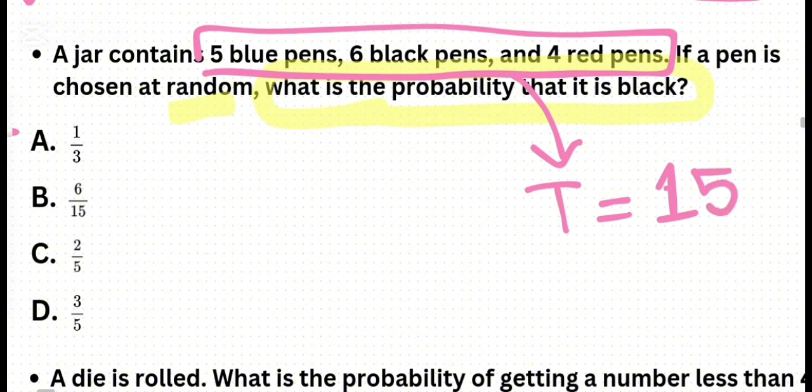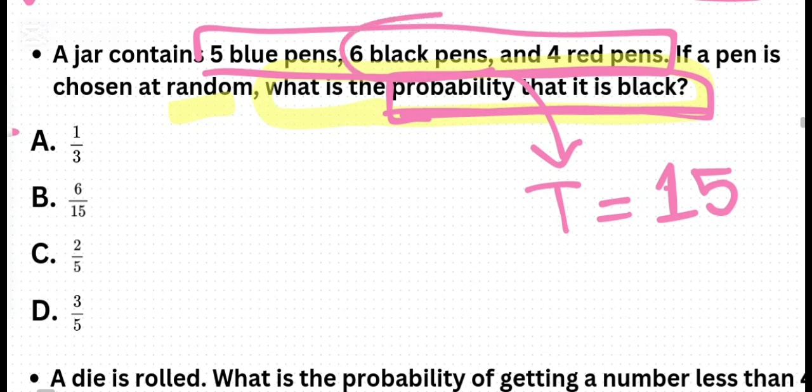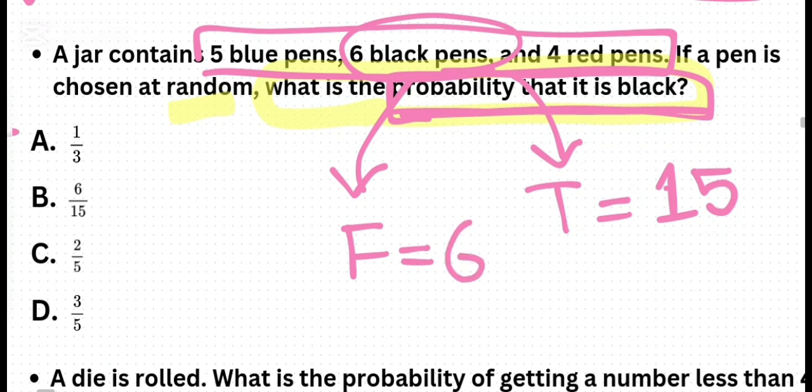They are asking the chances that it is black, right? So in the question you will see that there are 6 black pens. So it is a favorable outcome. So F is equal to 6, right?